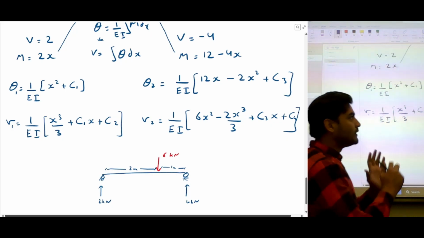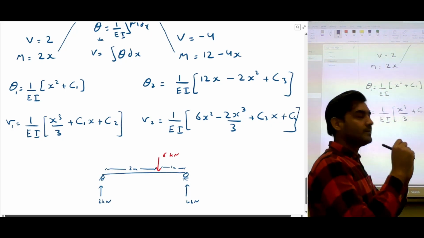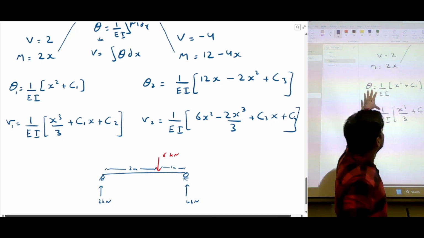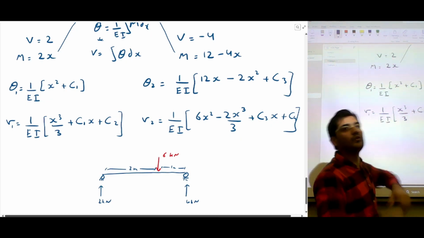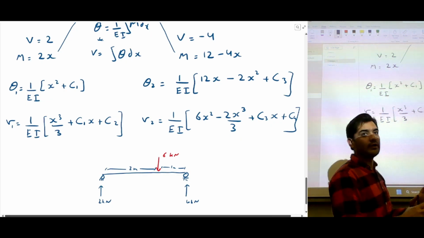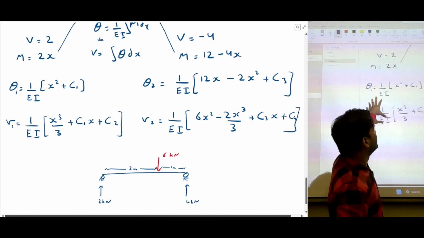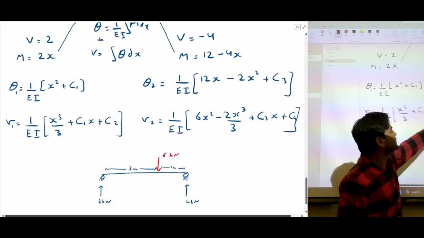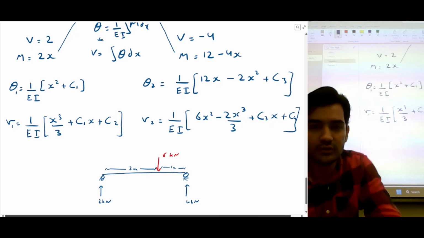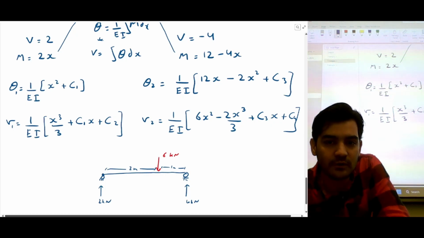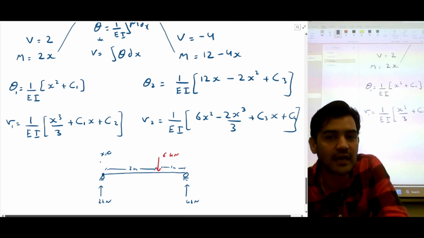So the boundary conditions are actually the values of bending angle and displacement which we already know. If we already know something about these equations, then we can input those values and calculate C1, C2, C3, C4. So we know this is a pin support. At the start, our x is equal to 0, so we have no displacement.